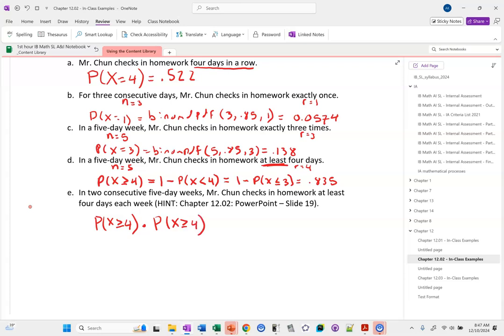So it's going to be that, right? Well, we already know that probability, because we did it in part D.